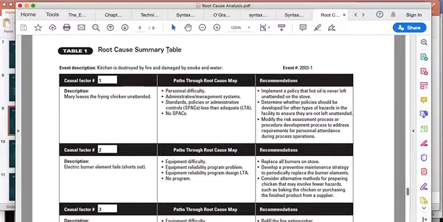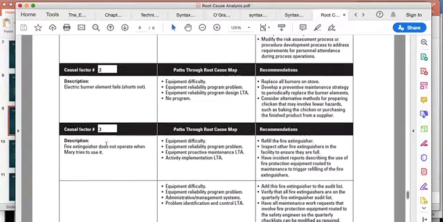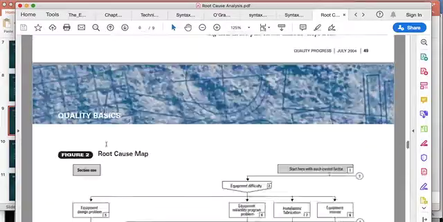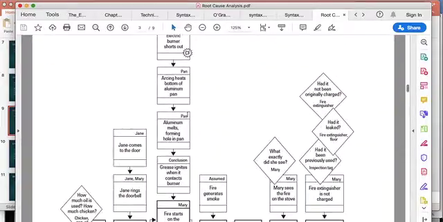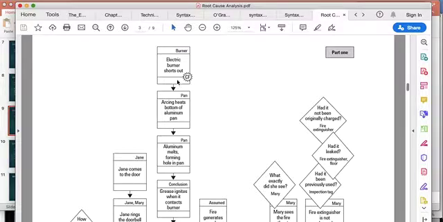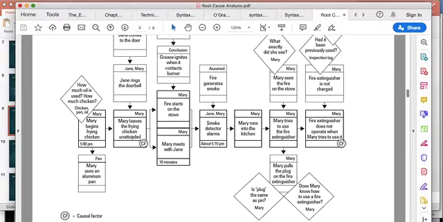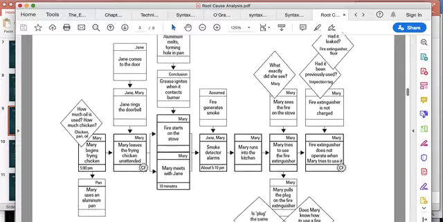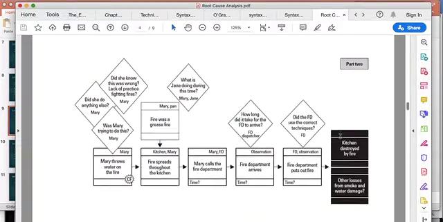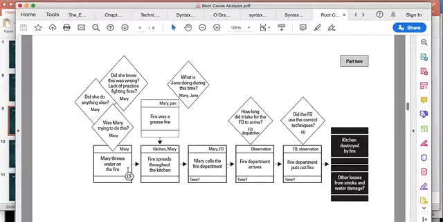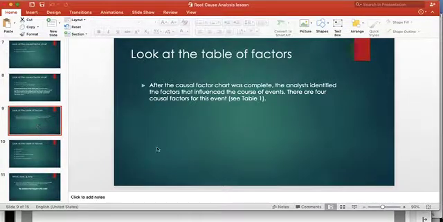It's the root cause summary table. Okay, so they have causal factor 1, 2, 3, and 4. And we actually saw that charted here. So CF is causal factor: electric burner shorts out. She leaves the frying chicken unattended. The fire extinguisher doesn't operate when she tries to use it. And there's another one somewhere. She throws water on the fire. Oops.